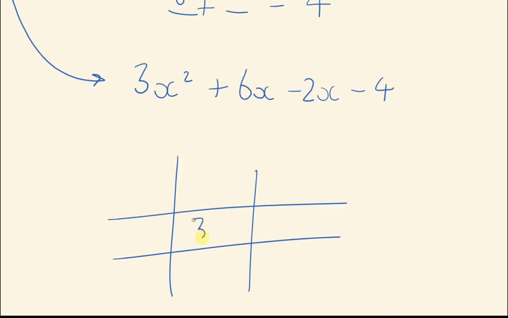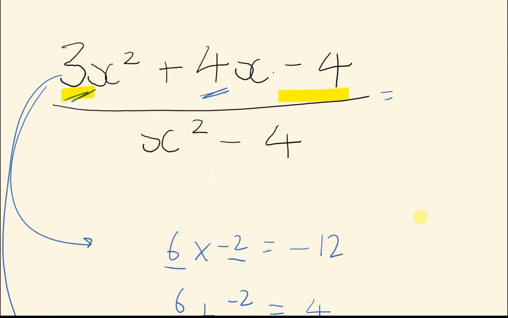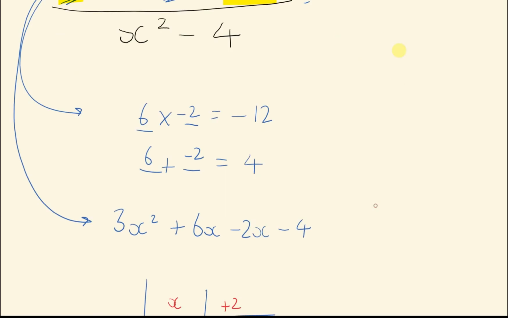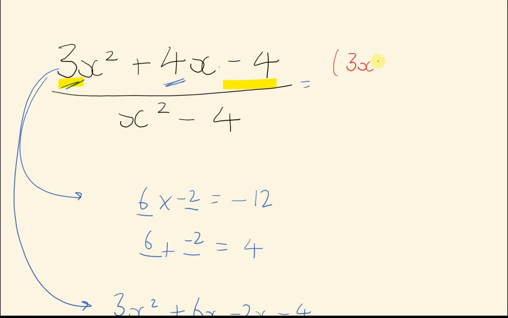So we grid it out, and these 4 terms are the terms that go inside the grid, and we can then factorise it from there. So here our common factor of x, here it's 3x, and just going through the rest. Okay, so we've now factorised my numerator, and that was 3x minus 2, x plus 2.